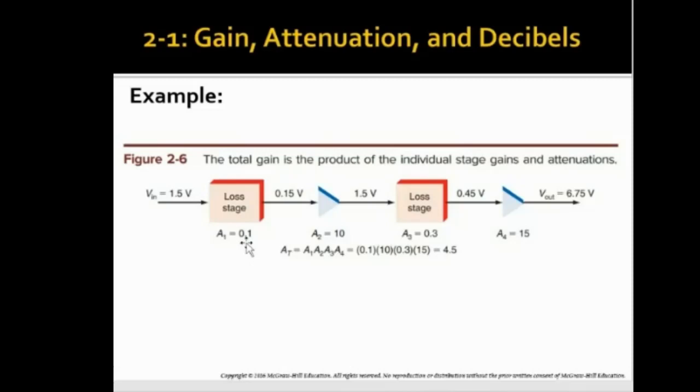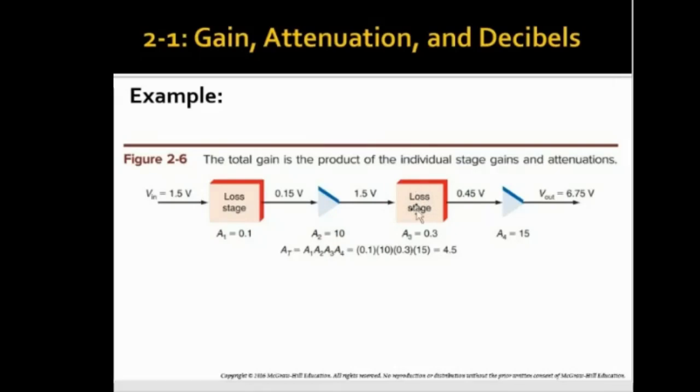Then my output becomes 1.5 times 0.1, which is 0.15 volts. I put in an amplifier with a gain of 10, which is opposite to the attenuation, so it just offsets the attenuation. Then you get the same voltage as the input, 1.5 volts, because 0.15 times 10 becomes 1.5 volts.